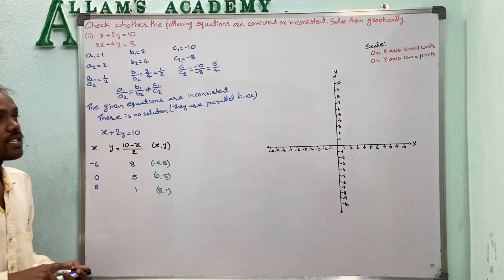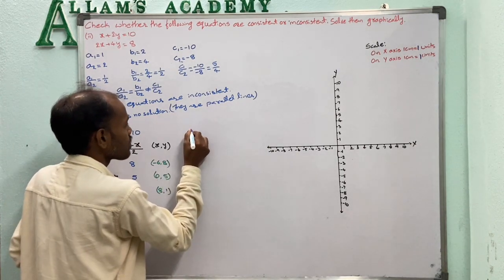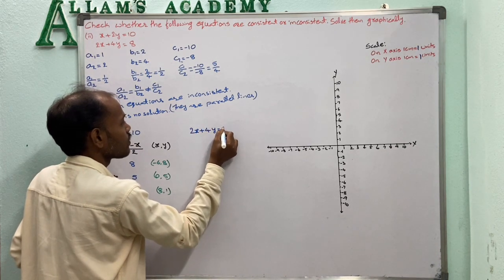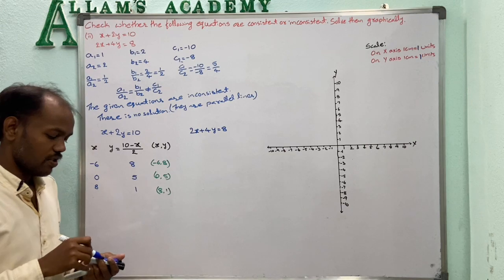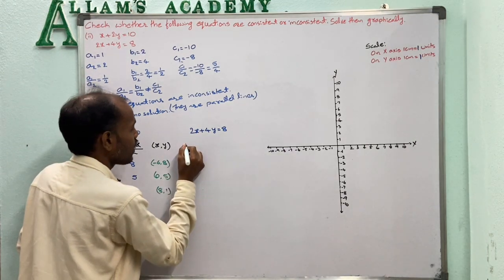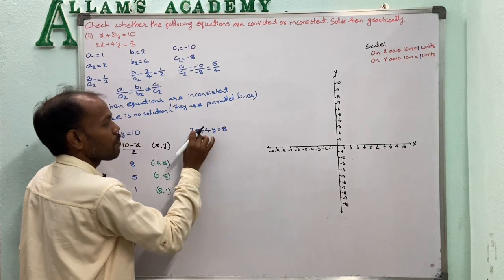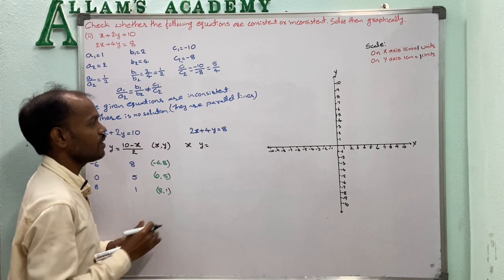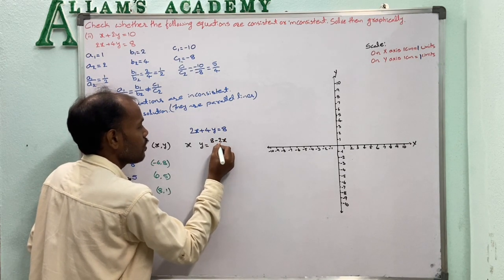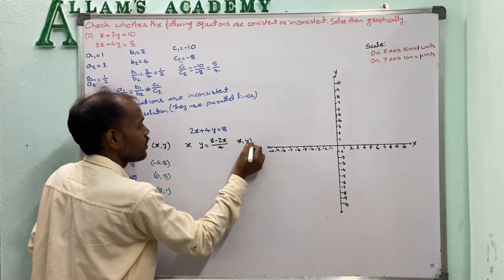Now for the second linear equation, 2x plus 4y equal to 8. Here also for different x values we get different y values. So y equal to, transferring 2x to that side, 8 minus 2x by 4.